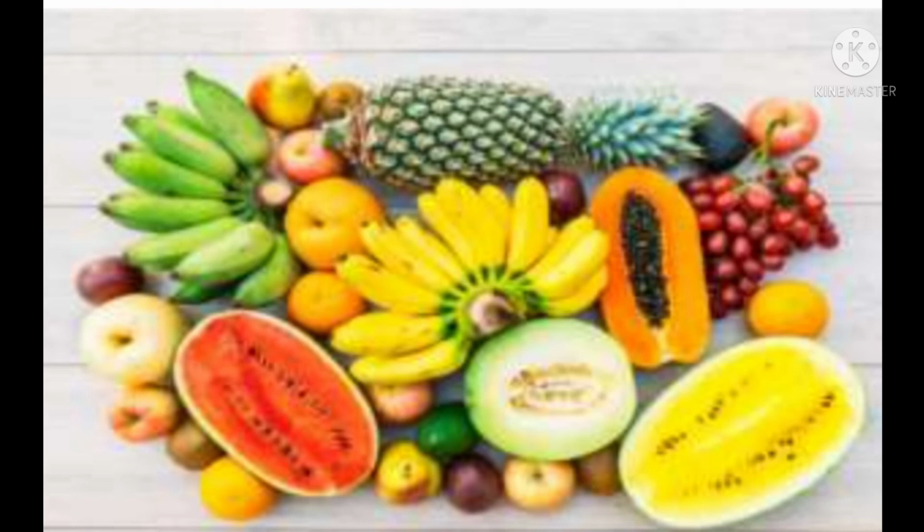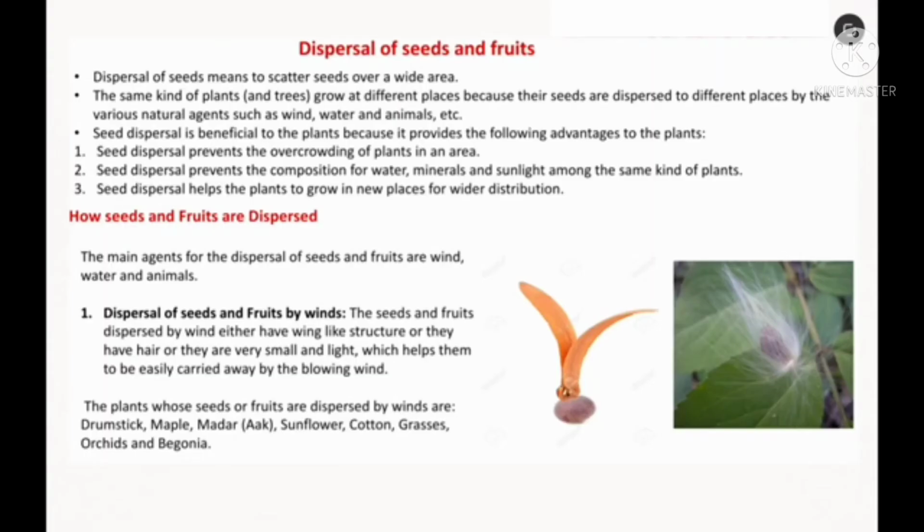Next is dispersal of fruits and seeds. Now we are going to discuss the dispersal of seeds and fruits. Dispersal of seeds means to scatter seeds over a wide area. The same kind of plants grow at different places because their seeds are dispersed to different places by various natural agents such as wind, water, and animals.